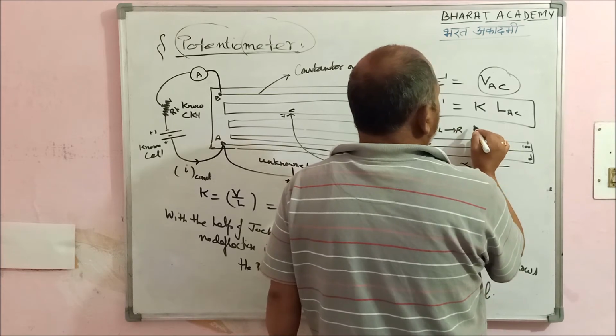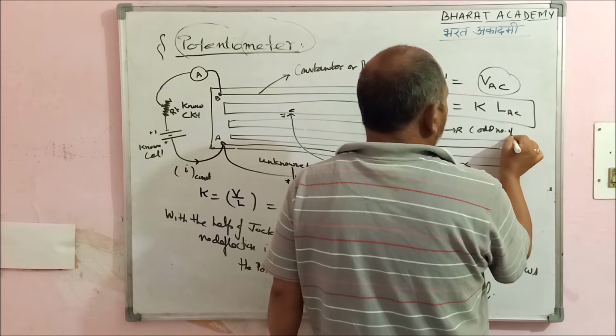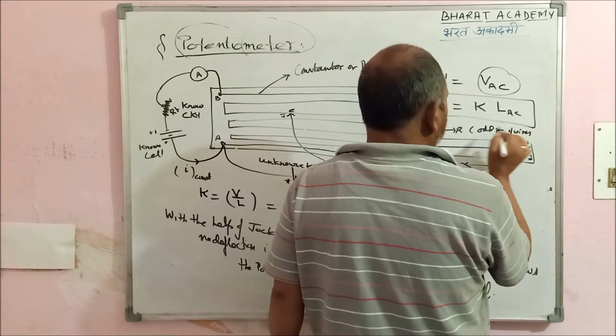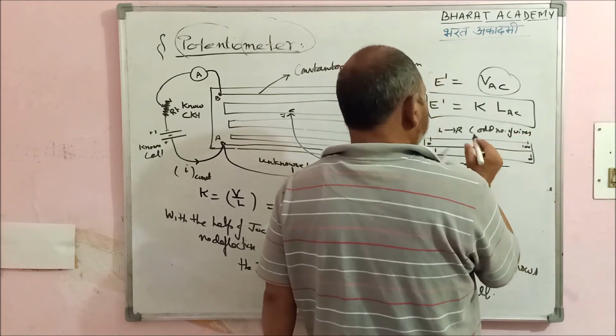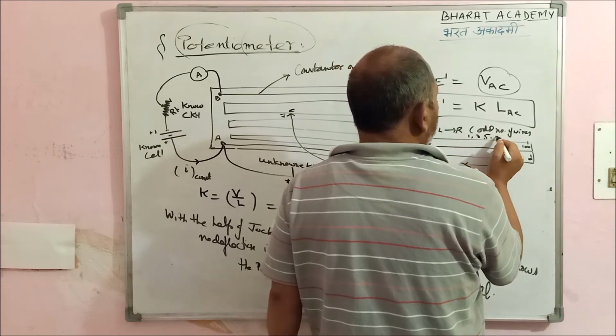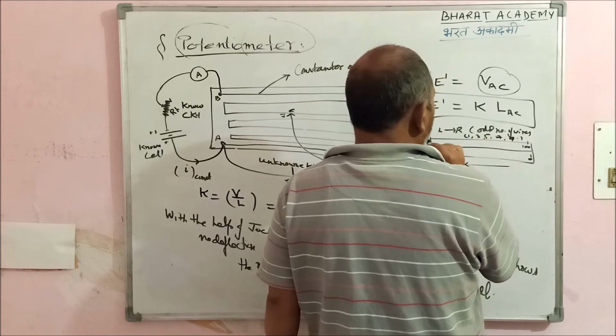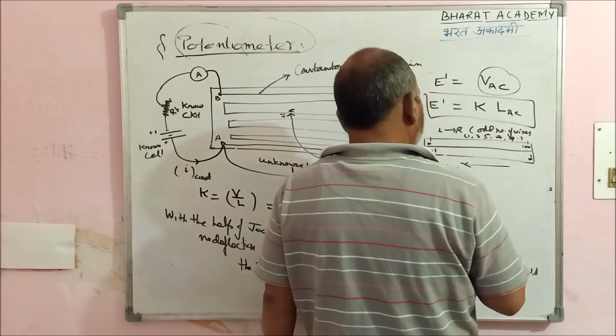The left to right is for odd number of wires, that is 1, 3, 5, 7, 9. If I am having a 10 meter wire, I could say 1, 3, 5, 7 and 9 wires. I will read the scale from left to right.